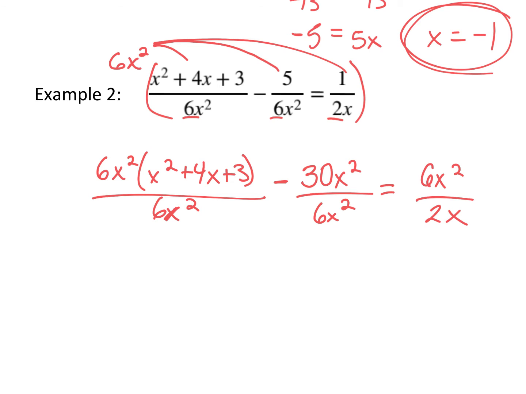Okay, so now we look at the first term. What's going to happen there? Yep, these are going to cancel, and we're going to be left with what? Perfect. Okay, 30x squared over 6x squared. What's going to happen there?